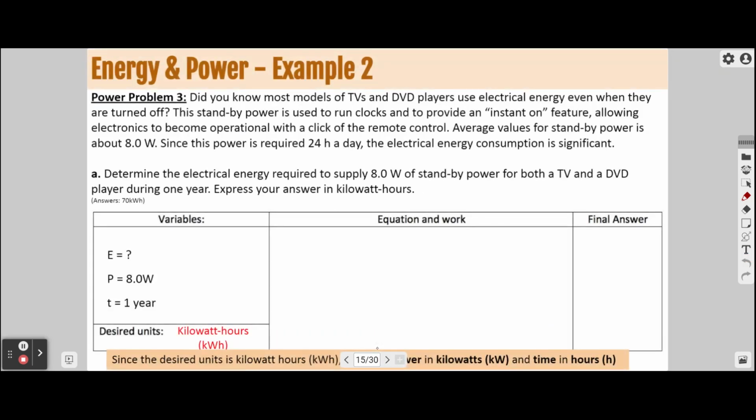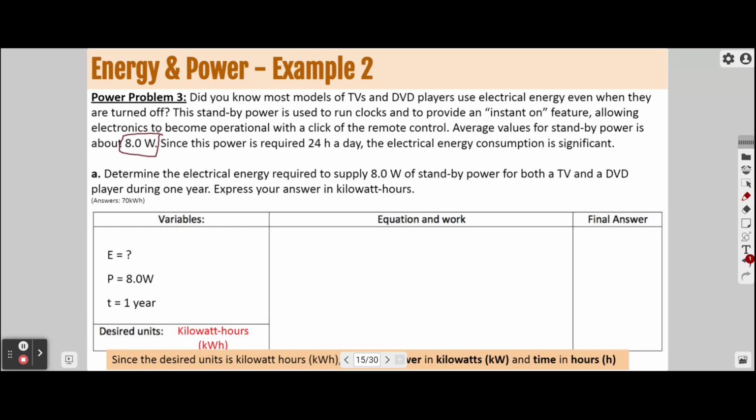All right, let's try another problem where we're looking at kilowatt hours this time. Did you know that most models of TVs and DVD players use electrical energy even when they're turned off? This standby power is used to run clocks and to provide instant on feature, allowing electronics to become operational with a click of the remote control. Average values for standby power are about 8.0 watts.